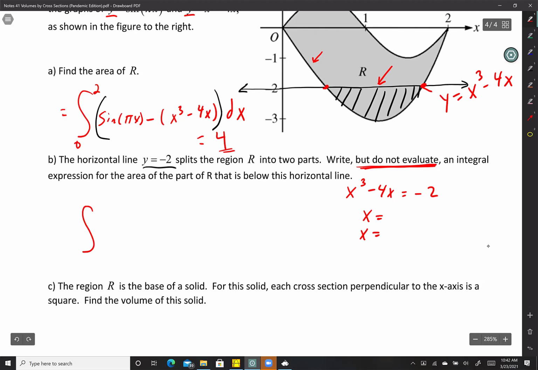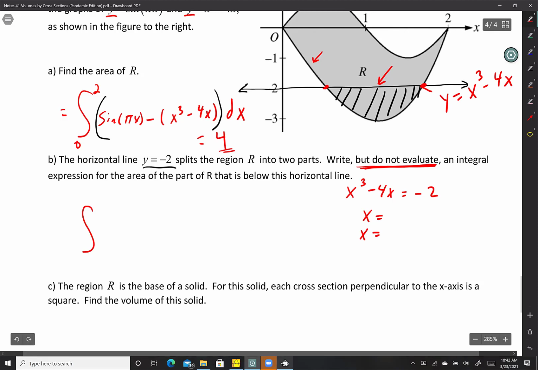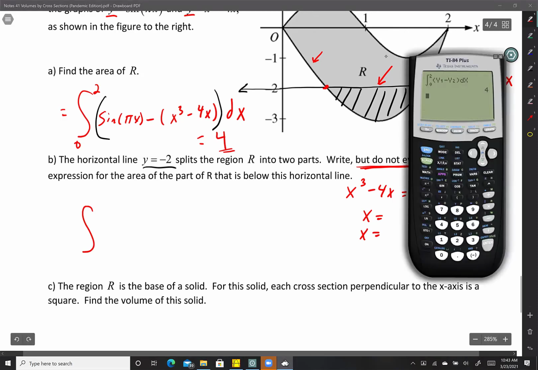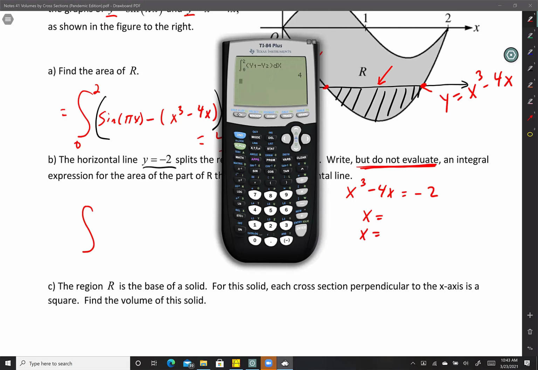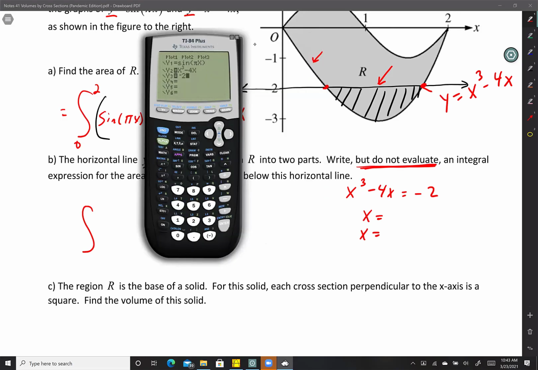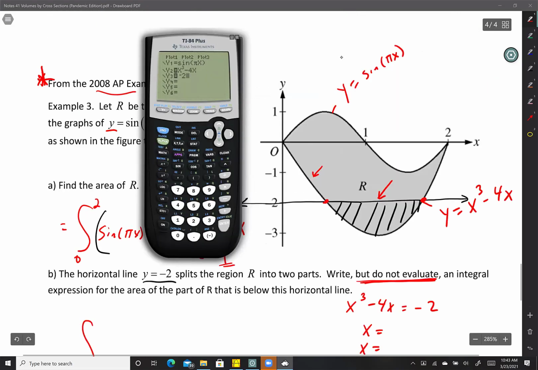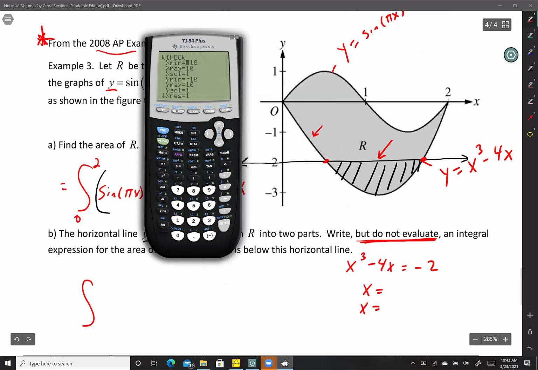So let's go to our calculator. I'm going to go back to y equals. I'm going to turn off y1, and go to y3 and enter -2. Now, I want it to look like this window here, so I'm going to click on window.